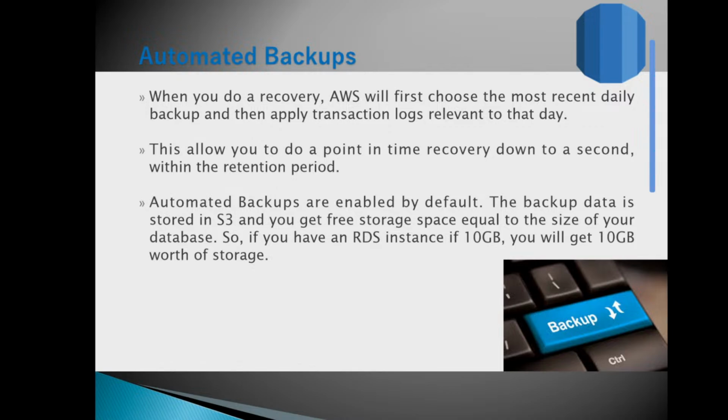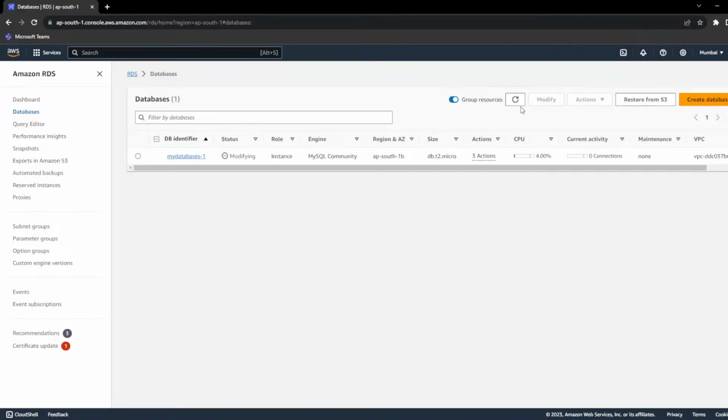If you're taking more backups and storing them in S3, there will be a cost associated with it. You will say, sir, we can store up to 35 backups, so we should enable all 35.